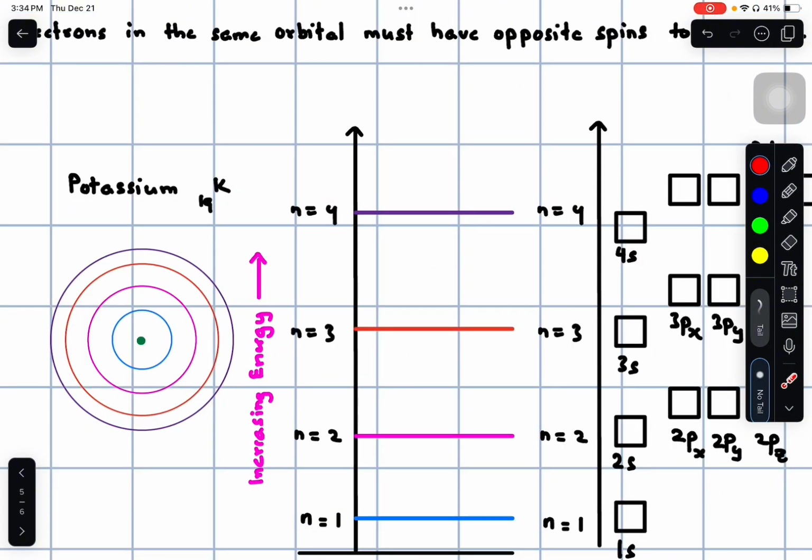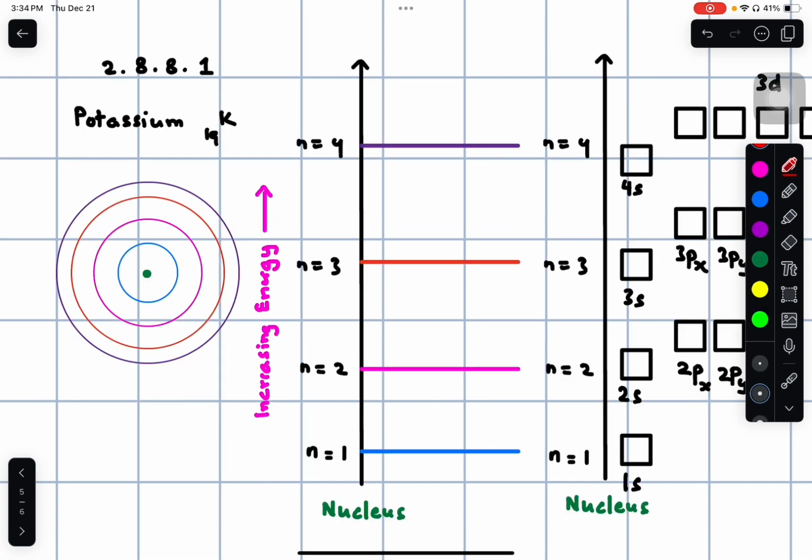Let's see here. We have potassium, K19. If we write down the electronic configuration here, it would have been 2, 8, 8, 1. How are we going to fill it? We will first fill the lowest energy level, which is closest to the nucleus. 1 electron, 2 electrons.